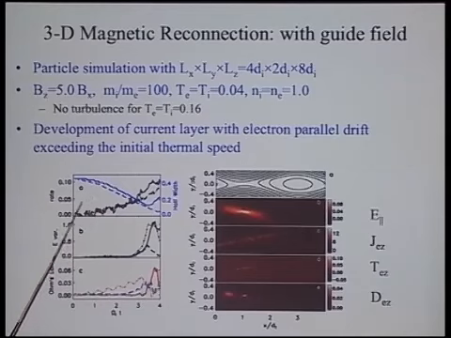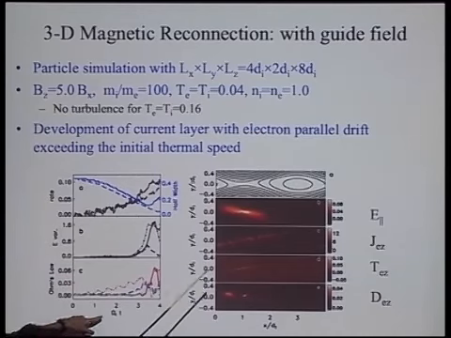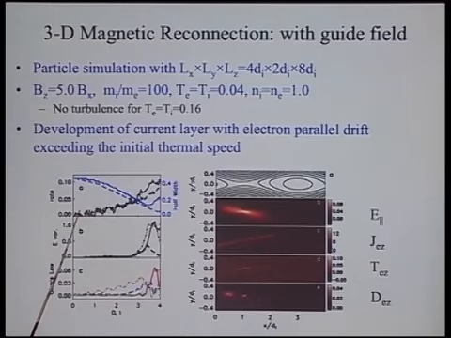So this is the reconnection rate versus time, in ion time units. This is the 2D case here, and the 3D case comes up, and then suddenly it jumps up by 30% or so when the turbulence really onsets.